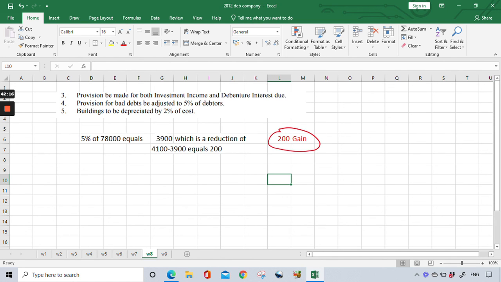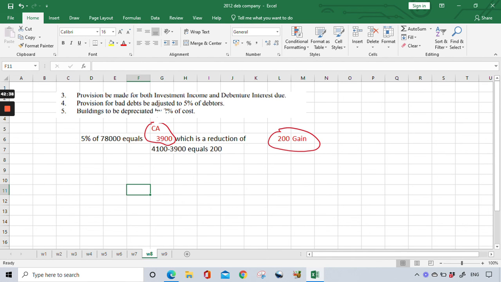And this figure here, the 3,900, we're going to take that away from debtors in the balance sheet in the current assets section. So 3,900 we will take away from 78,000.